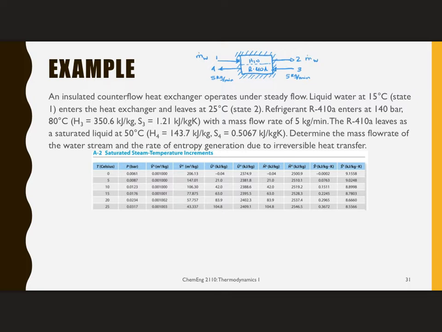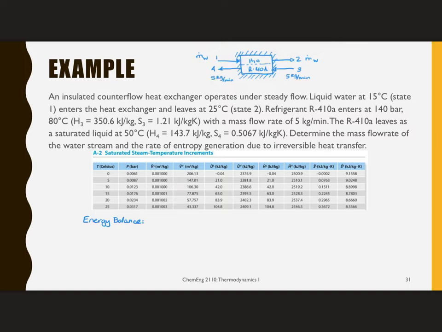And those are rates. So to get started, what I want to first do is write an energy balance. I'm almost always going to do both a first law and a second law analysis on any problem, okay? Now, my energy balance, we've done this type of problem before. There's no heat transfer with the surroundings.